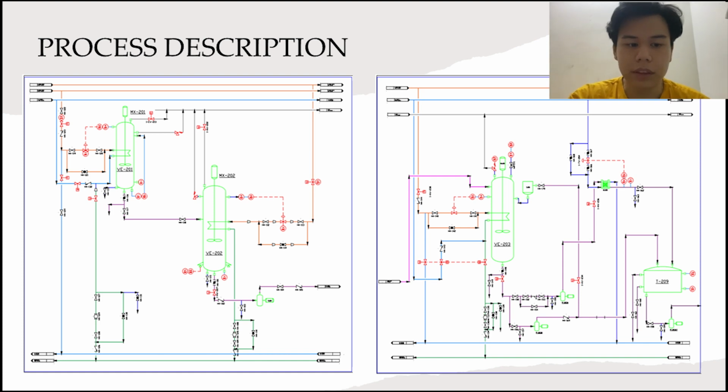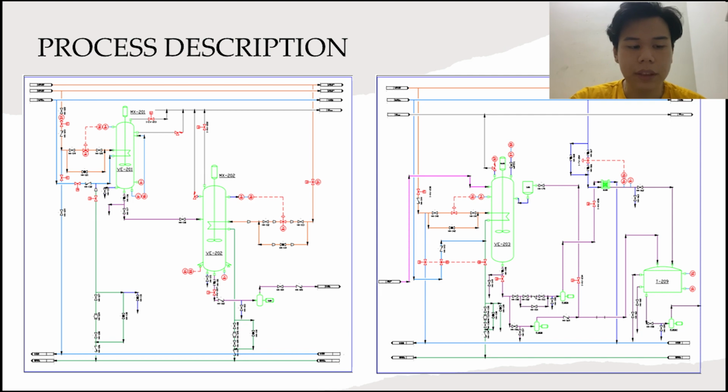In this process description, we will briefly describe the whole process of transferring fluid from VE201 all the way to T209. VE stands for vessel and T stands for tank as its final destination.